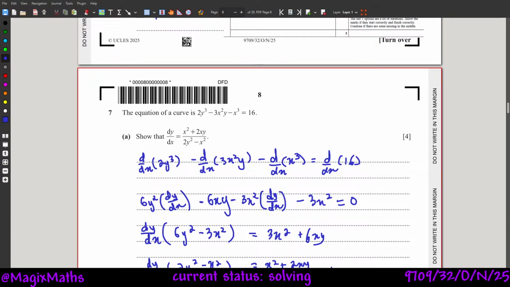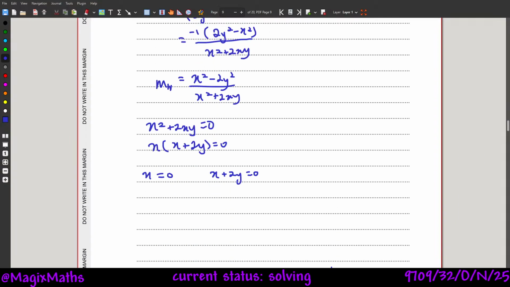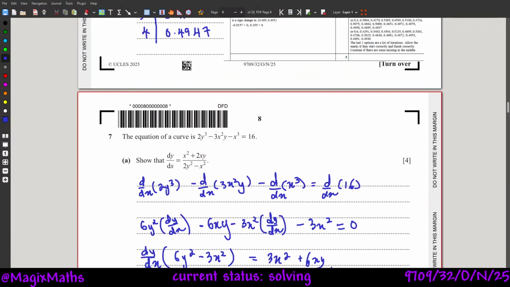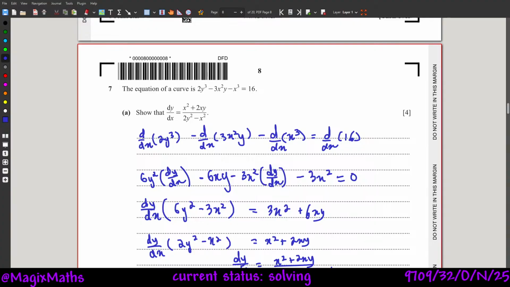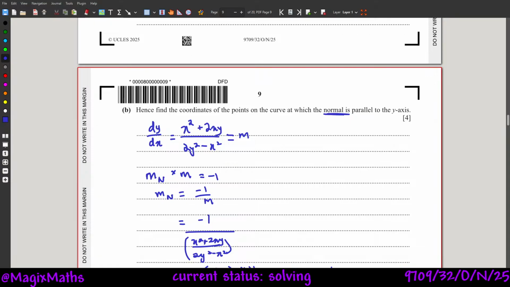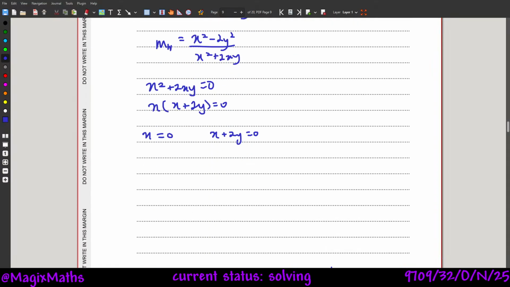I'm a little bit stuck right now for this case. An easy way would be to plug in x is equals to 0. So we just have 2y cubed is equals to 16, y cubed is equals to 8, y is equals to positive 2. But then we have another coordinate. So we're going to have to find that. Can we plug in this? Oh, we do.